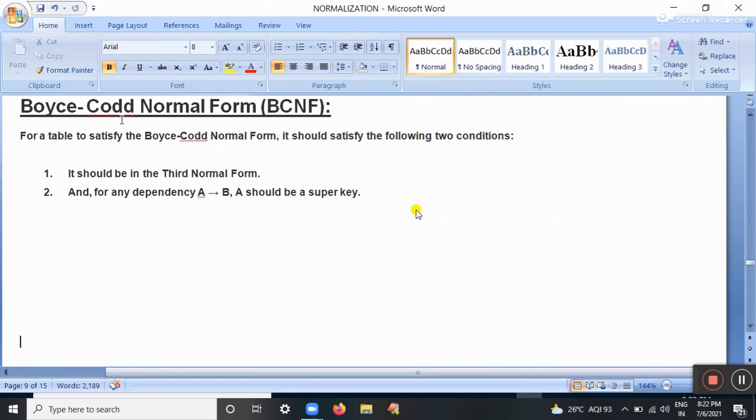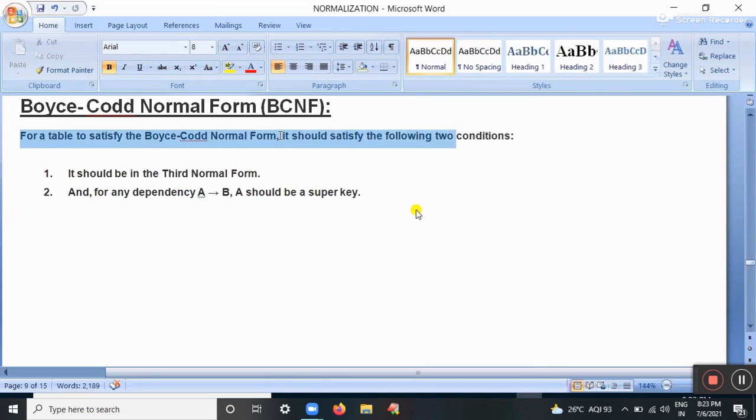The next one is Boyce-Codd normal form. What is Boyce-Codd normal form? For a table to satisfy Boyce-Codd normal form, it should satisfy two conditions.